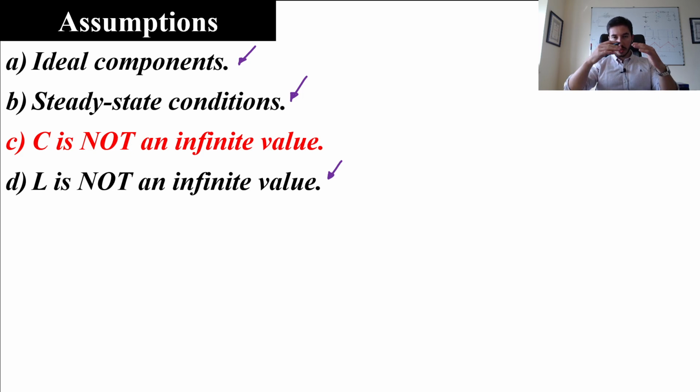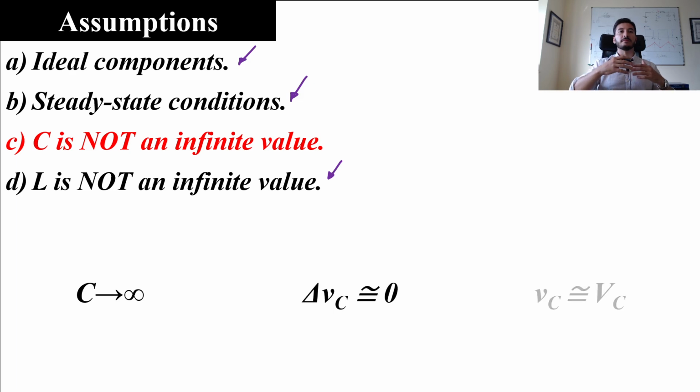So as we saw in the previous video, the inductor current has a DC component and then we have some ripple. And the new point is that the capacitance is not an infinite value. In previous videos, we said that the capacitance was very high.